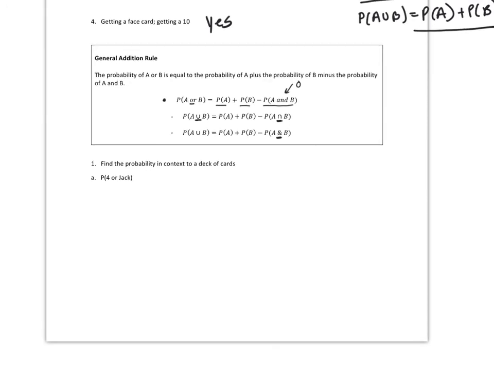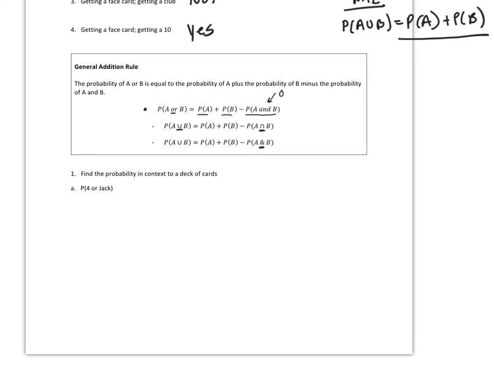All right, find the probability in context to a deck of cards. If you're not familiar with cards, there's 52 total cards, and you have 13 hearts, 13 diamonds, and they're both red, 13 spades, and 13 clubs.